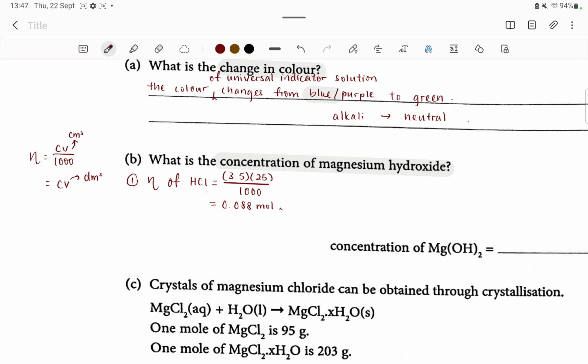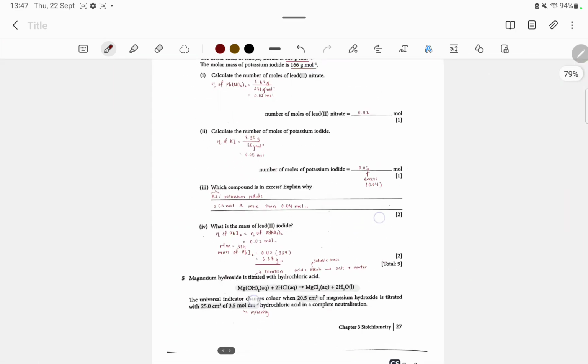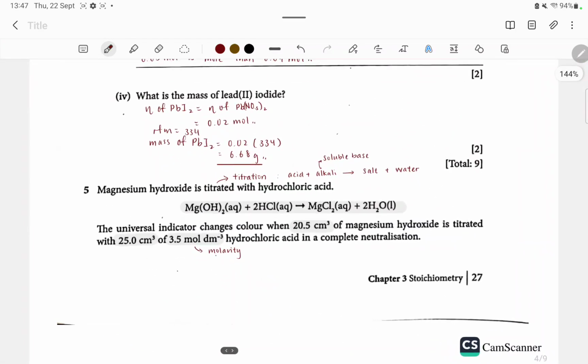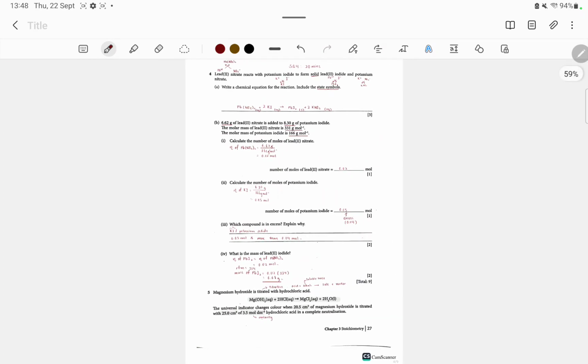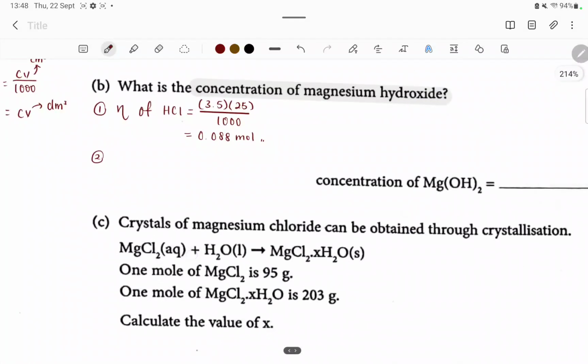And then after that, we do mole ratio. Let's see from the equation. Two mole to 1 mole. So you can write lah from the equation.